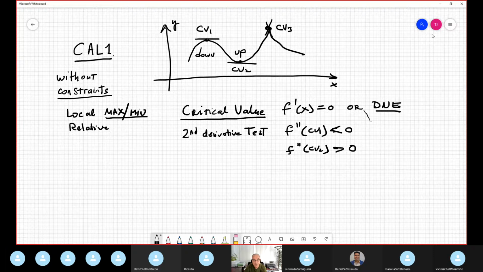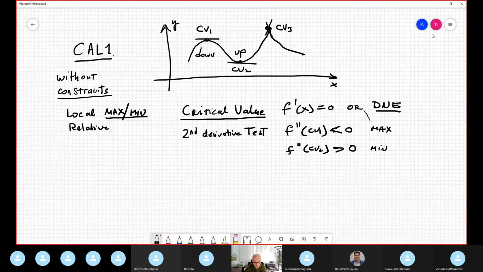Therefore, we can affirm that concave down is a maximum. So when the sign of the second derivative evaluated at the critical point is a negative number, it's a maximum. And when the value is positive, it's a minimum. I suppose you remember this very well. Yes or no?